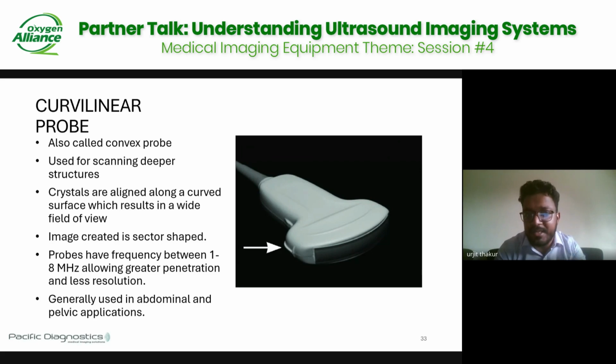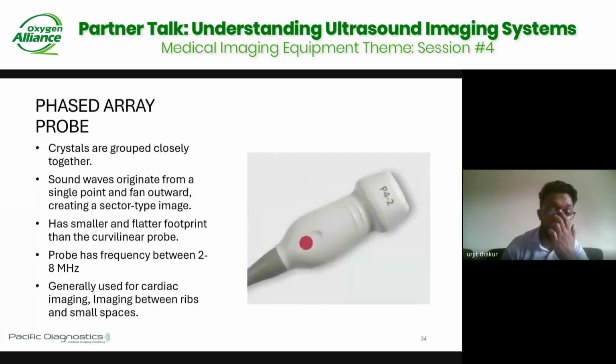The image created is in a sector shape because of the curved surface, so the wave propagates in a curve. As I said, it is generally used in abdominal and pelvic scans. And the crystals, as opposed to the first transducer, are arranged along the curved surface, which results in a wide field of view.